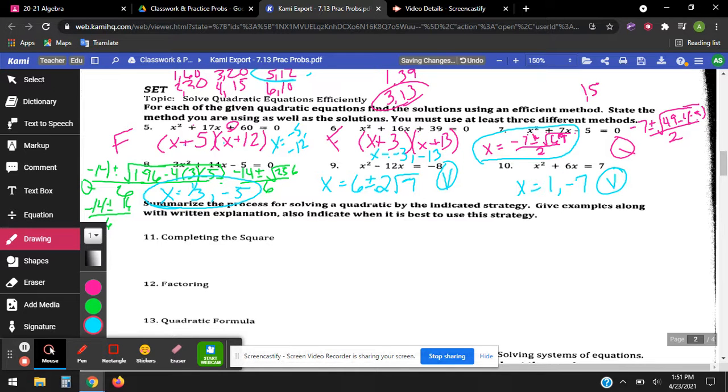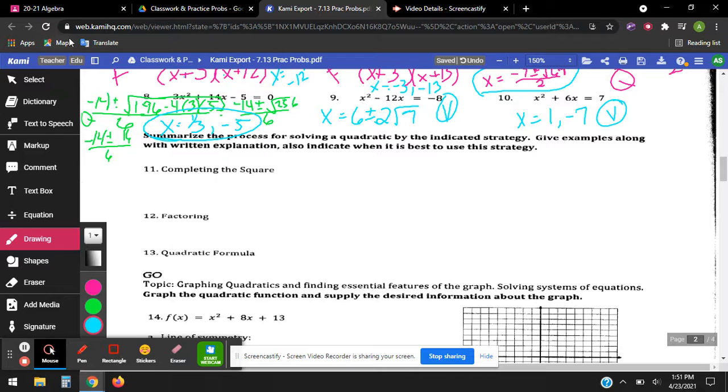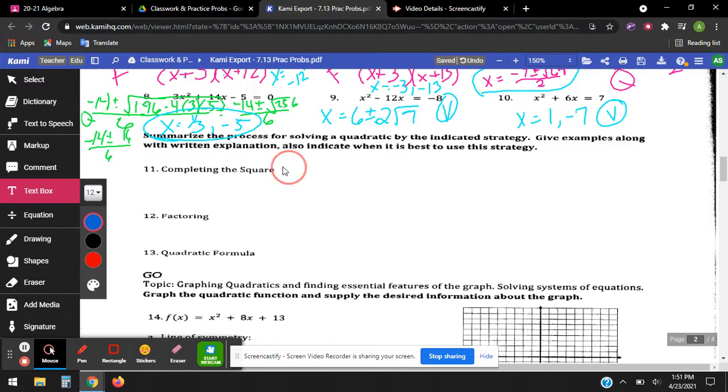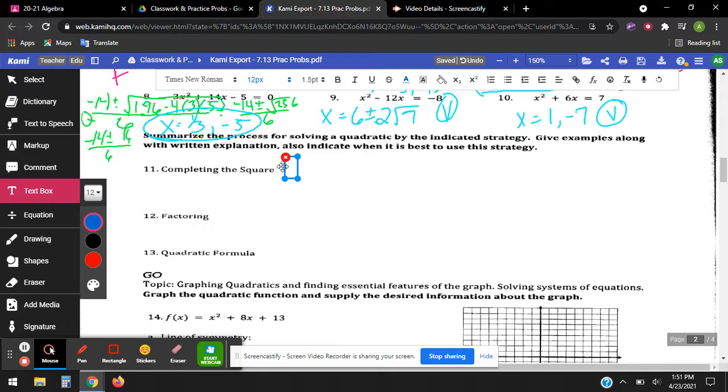All right, so summarize the process for solving a quadratic by the indicated strategy. Why would we want to use each one? Well, completing the square: basically just put it in vertex form and solve.